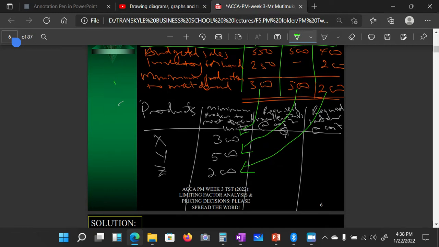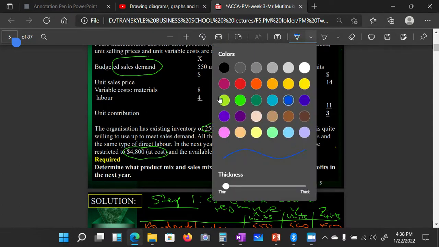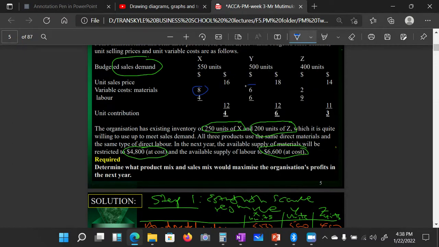Okay, now, required materials at cost. We are given, ladies and gentlemen, the unit costs for X from our question, the material costs. For X it's $8, for Y it's $6, for Z it's $2.